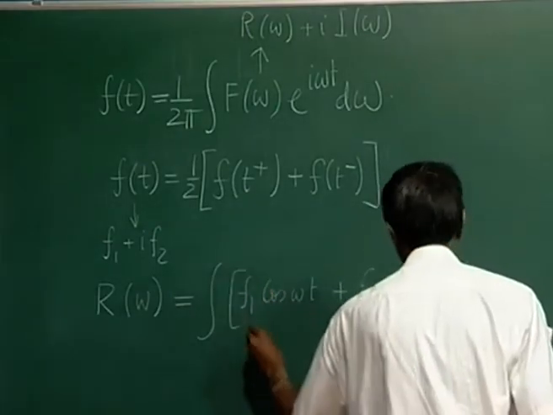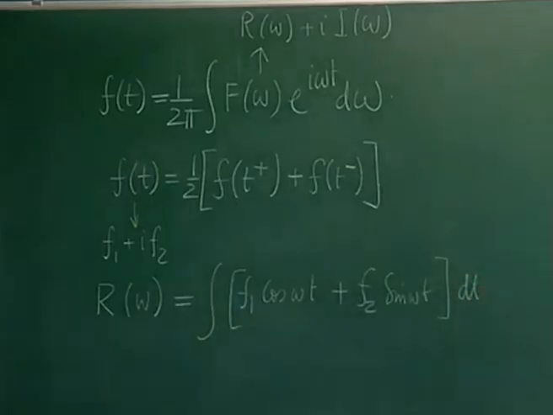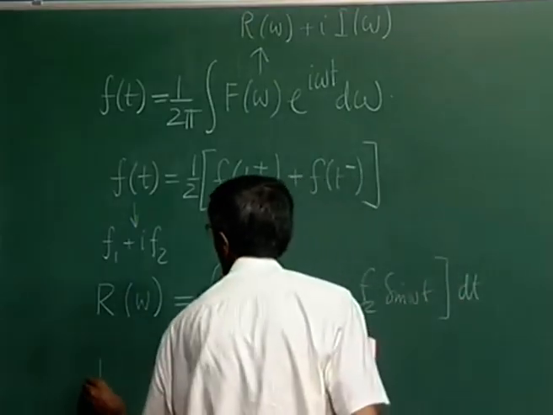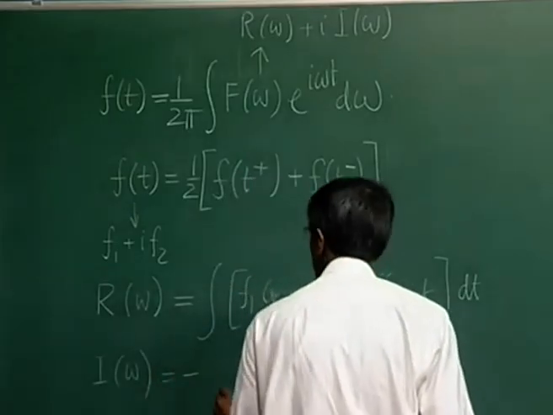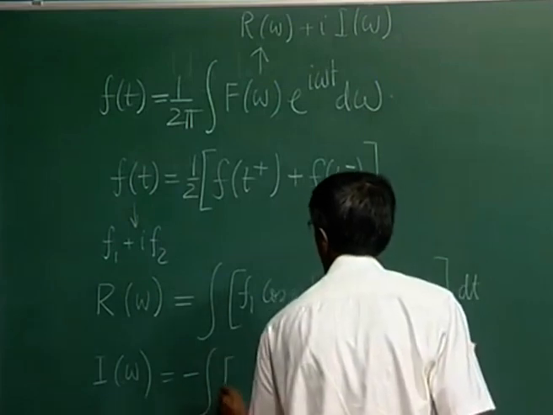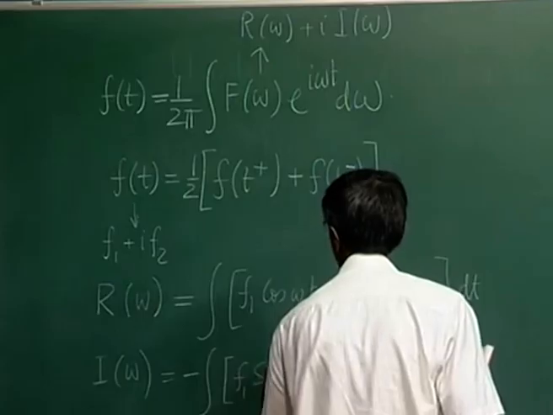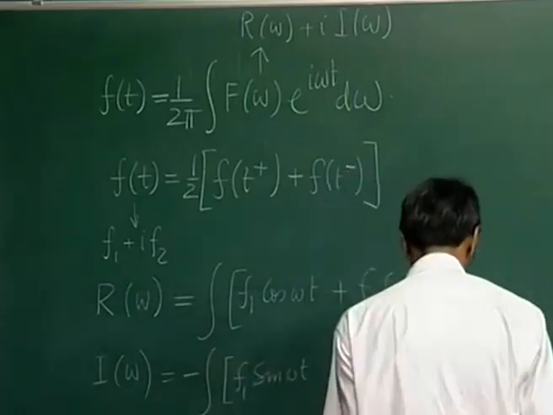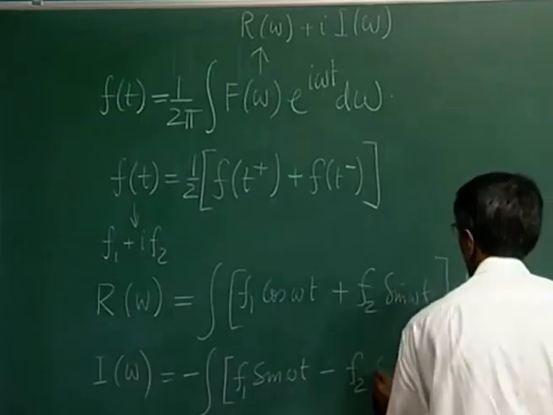I have just simply opened up the integral and then we perform this integral, that is R of omega. And the imaginary part will be minus the integral of f 1 sin omega t minus f 2 cos omega t.